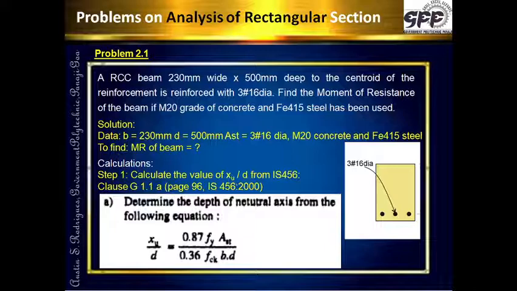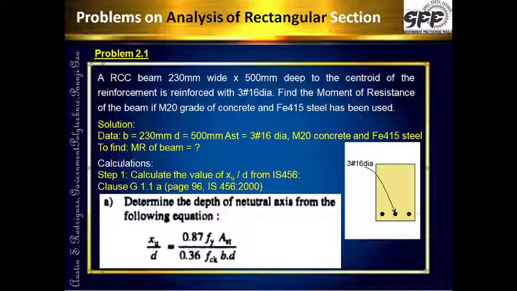Now please note, this is the actual depth of the neutral axis. Actual depth, what is existing in the section, that is given by Xu upon d is equal to 0.87 fy into Ast, the whole thing divided by 0.36 fck b into d. So this is directly taken from the IS code, that is G-1.1(a) given on page number 96 of the Indian Standard Code.